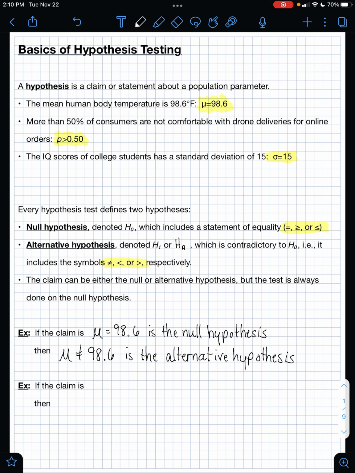If, on the other hand, the claim is that p is greater than 0.50, this would be the alternative hypothesis. And therefore, the contradictory statement would be that p is less than or equal to 0.50. That would be the null hypothesis. So the statement given, the claim, may be either one of the hypotheses, and then from that we can define the other of the hypotheses.